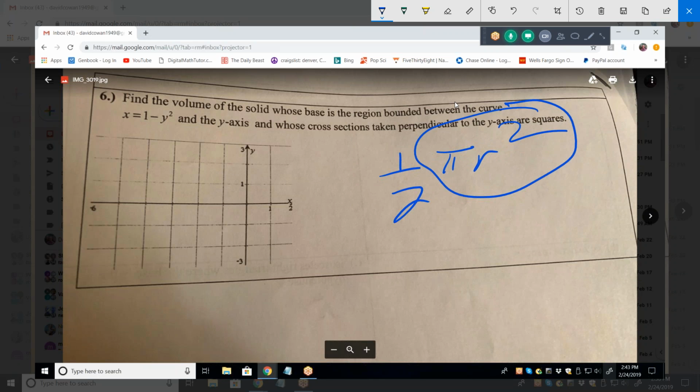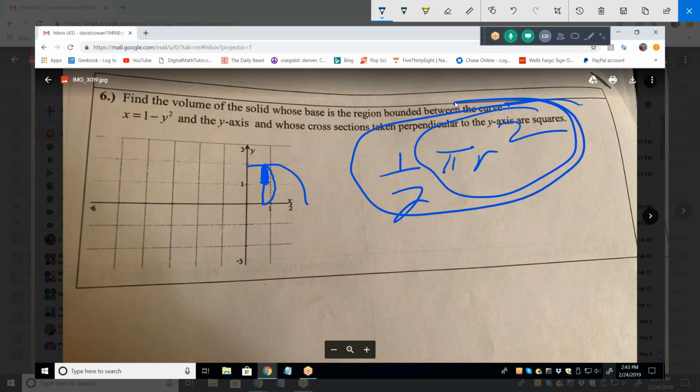There's the area of a semicircle, and r is always going to be the distance to that function. In other words, r is going to be right there. If I have to cover that thing with a semicircle, actually r is half of that distance. In other words, r is really from there to there. So you divide the function by 2.